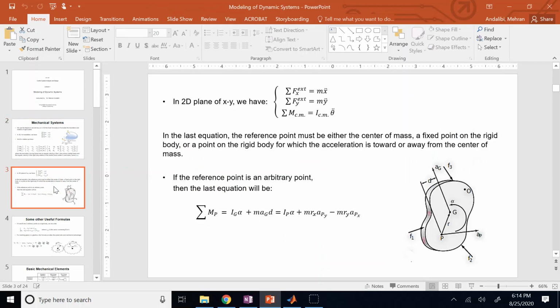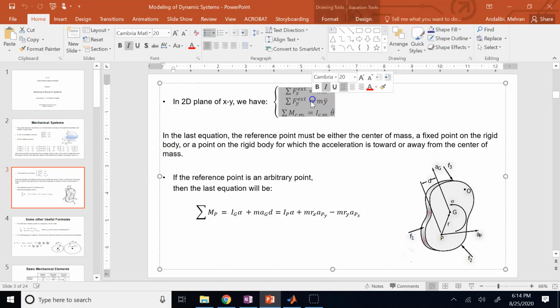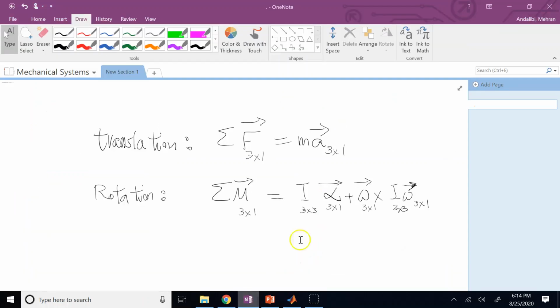What looks more familiar to you is what you have seen in 2D dynamics of ES204: the motions along X and Y, and then rotation along the Z-axis. Here the second term is eliminated.